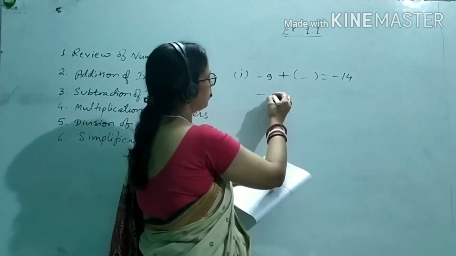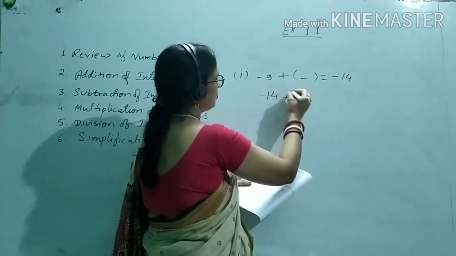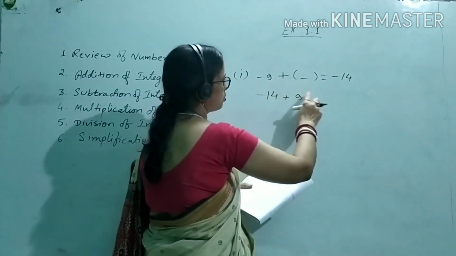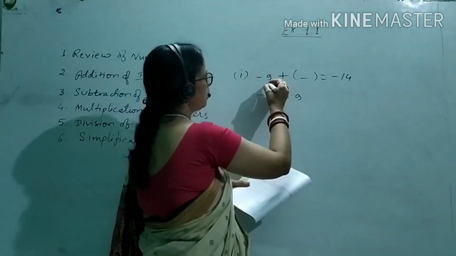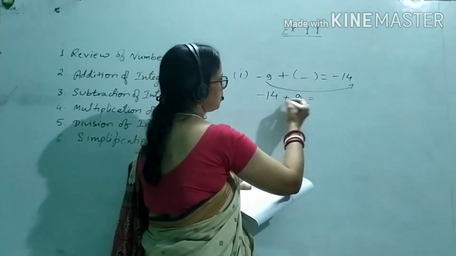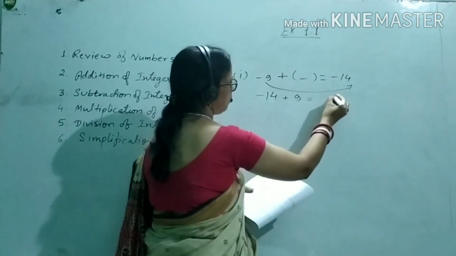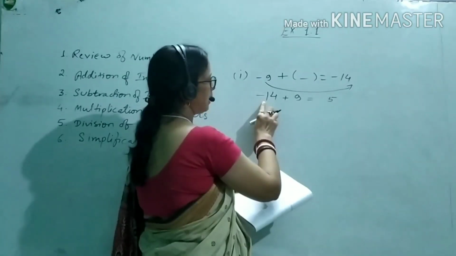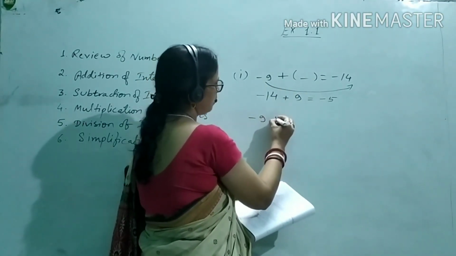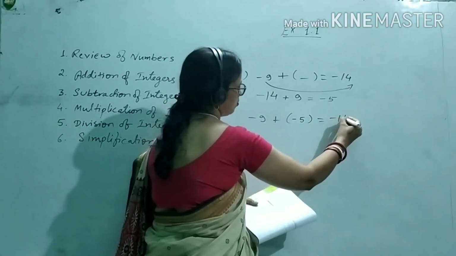To obtain the second number, from minus 14 we will add this 9, because when minus 9 changes its position, when it comes to this side, it will become plus 9. So the answer will be minus 14 plus 9, we are going to get 5. But here 14 is the larger number, so the sign will be minus 5. So in the blank, minus 9 plus minus 5 equals minus 14.